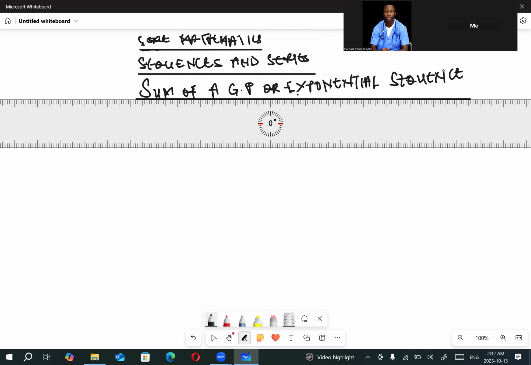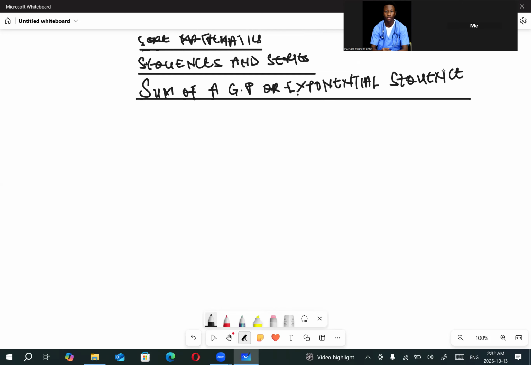This depends on the nature of the common ratio. This is not like AP, not like arithmetic progression where you have a straightforward approach to finding the sum. For geometric progression, you have to look at the common ratio.